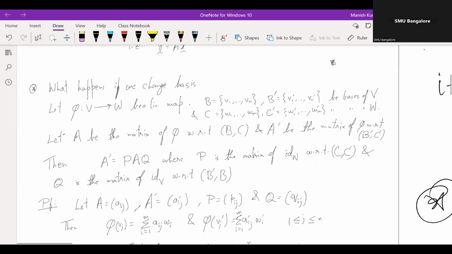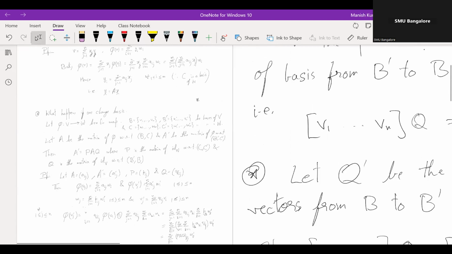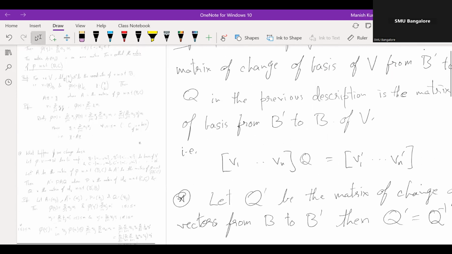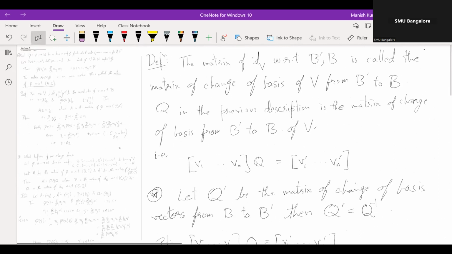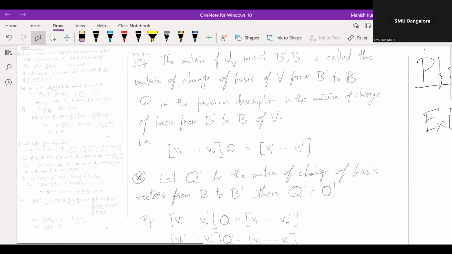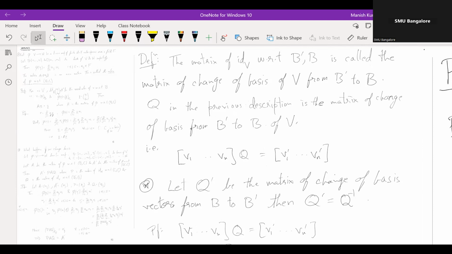I'll make this smaller. There's nothing below this, and let you ponder a little bit more. Now the change of basis matrix is coming here.